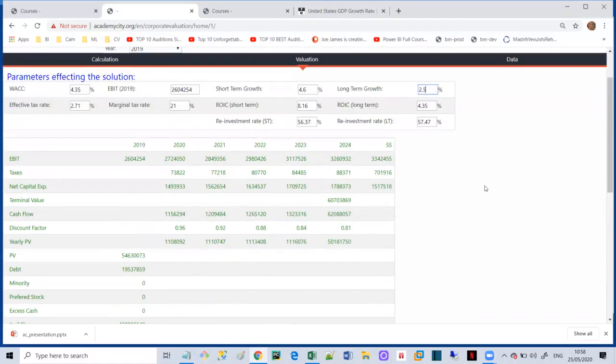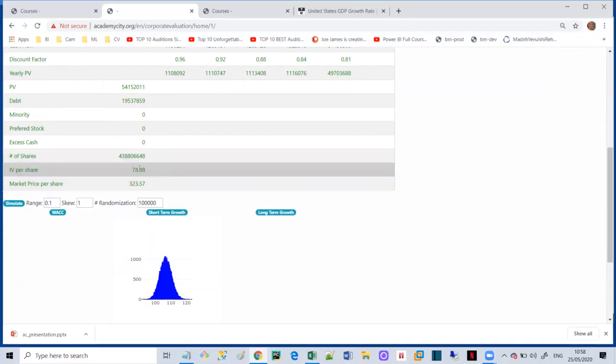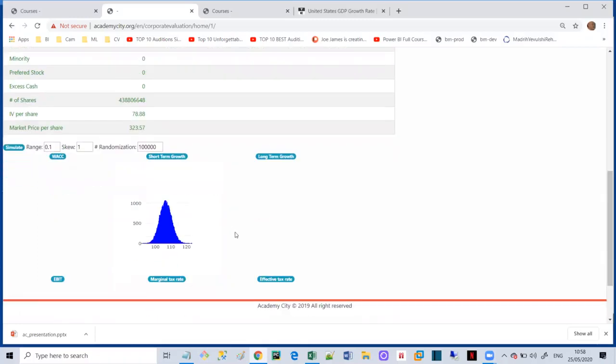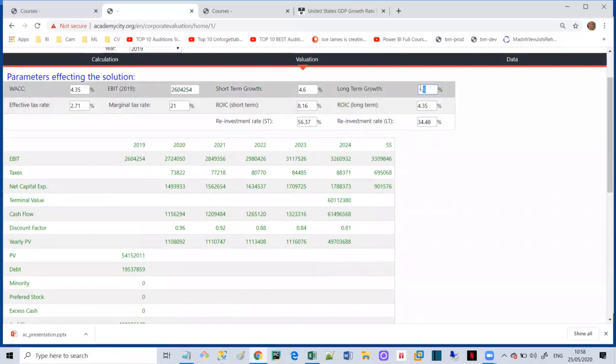Going above 2.5 would be a little hard to justify, even if you look at the multinational. If you go to 1.5, which some people will argue for today because the economy is bad, who knows what's going to happen, still, you're not that far. So your valuation is sensitive to that number, but it's not a killing number. If I said the value is 79, people are not going to kill me. So being around 2 is probably not a bad assumption.